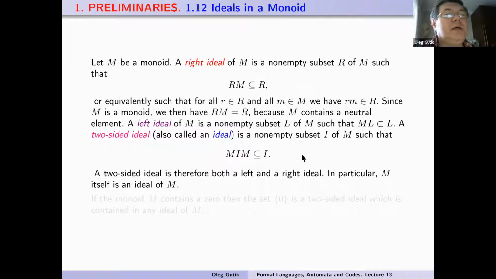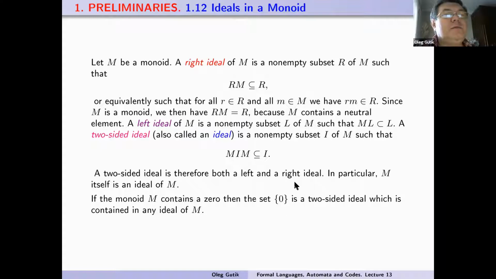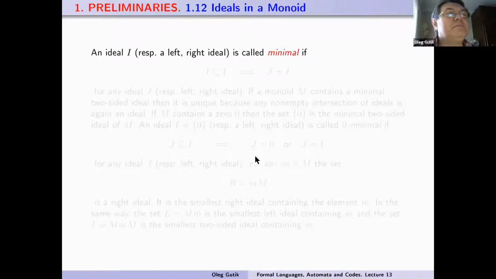In particular, M itself is an ideal of M. If the monoid M contains a zero, then the set which consists of 0 is a two-sided ideal which is contained in any ideal of M.